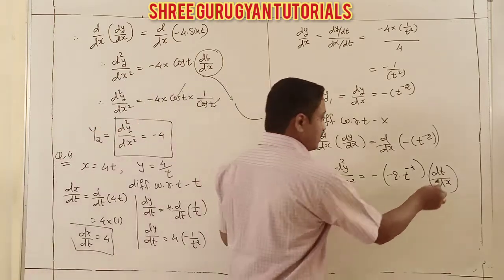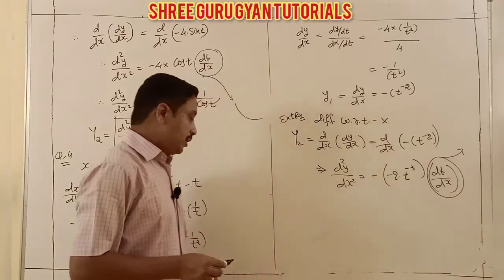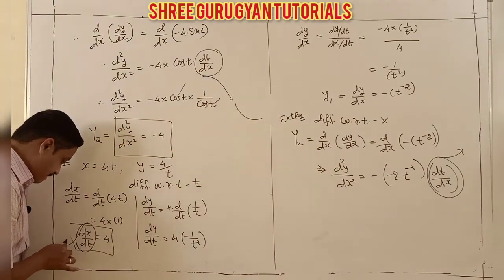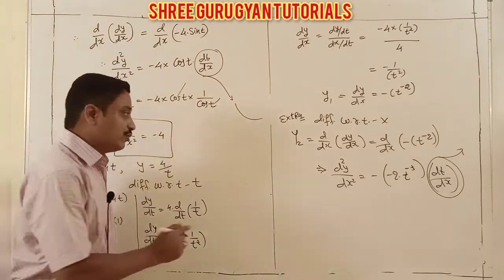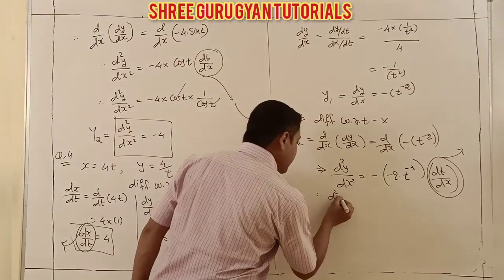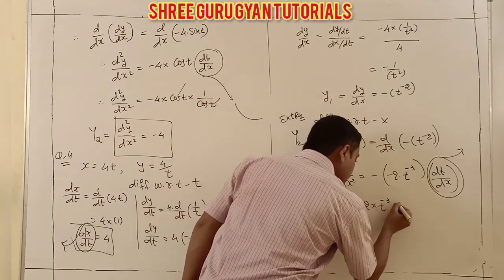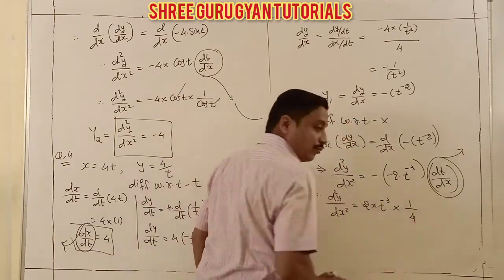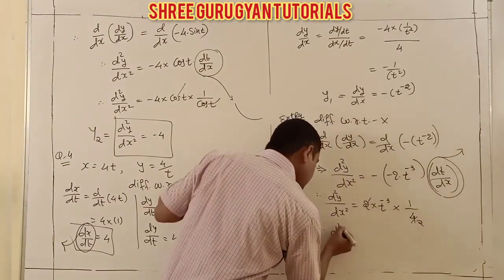Now students, this dt by dx comes from dx by dt, whose value is 4, so I write 1 by 4. So d square y by dx square is 2 t raised to minus 3 times 1 by 4. Minus minus is plus, and your answer is done.